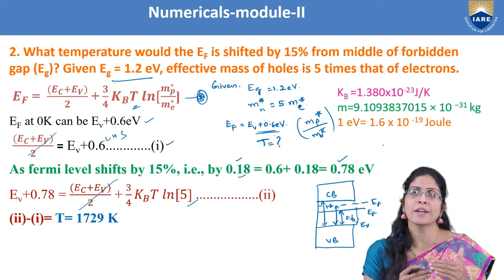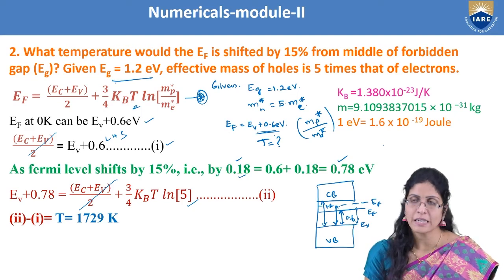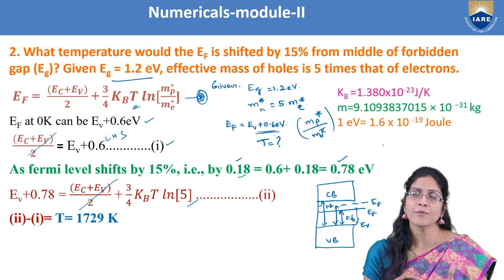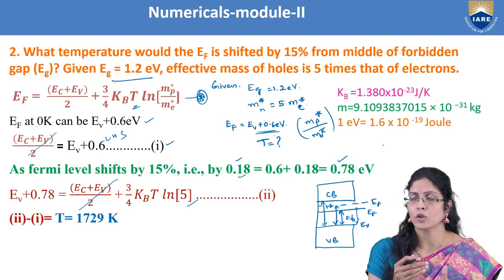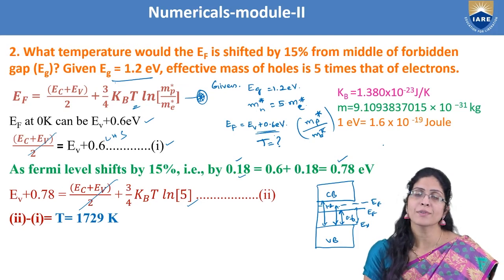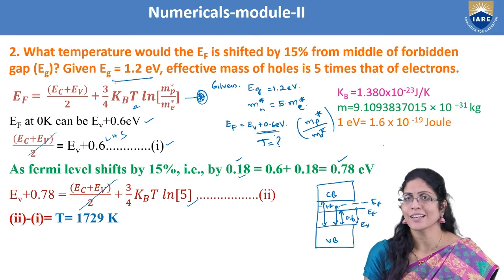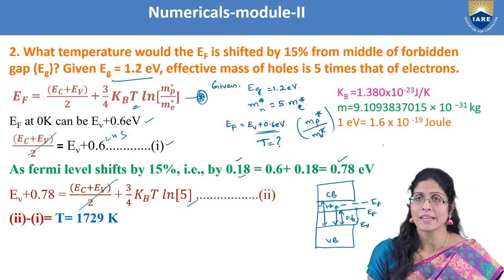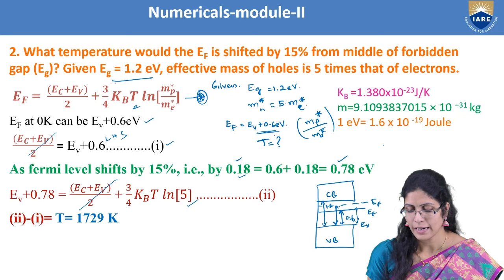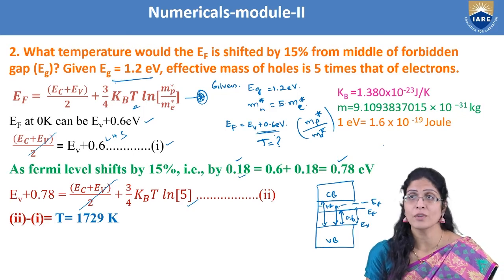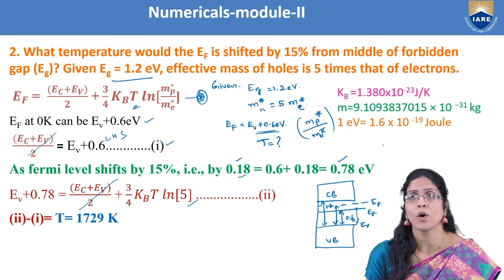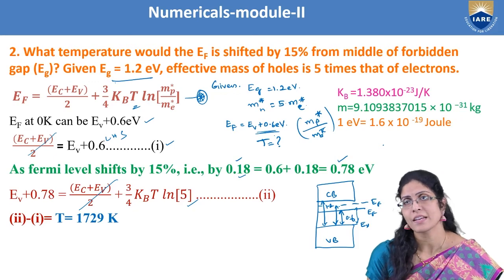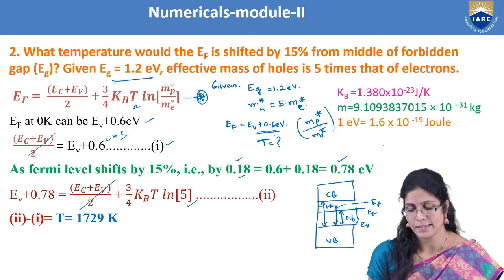So you have to add 0.6 to 0.18, which will give you 0.78. So now your Fermi level, from EV, is at 0.78 electron volts distance. So you have to add EV with 0.78 electron volt. Okay, so that's the logic in this problem. So please try to follow it carefully and substitute all the constant values which are given for you on the right hand side. So it will be very easy for you to end up at the answer.